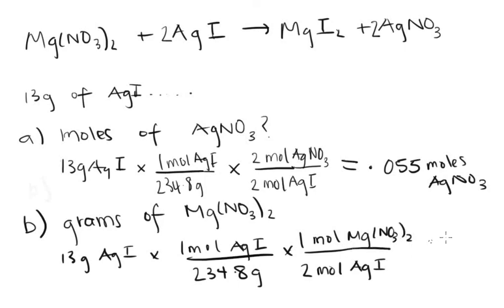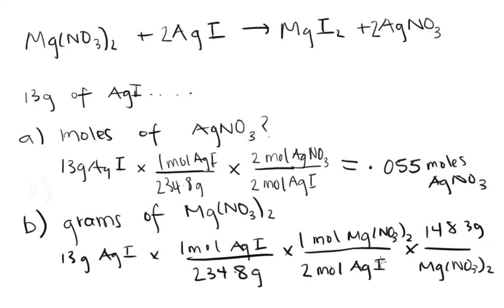Okay, and this time we go a step further, we want grams. So let's do molar mass again. Magnesium nitrate. And let's look at molar mass of magnesium nitrate really quick. 148.3 grams.